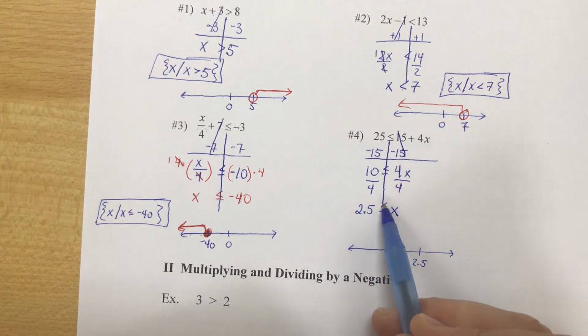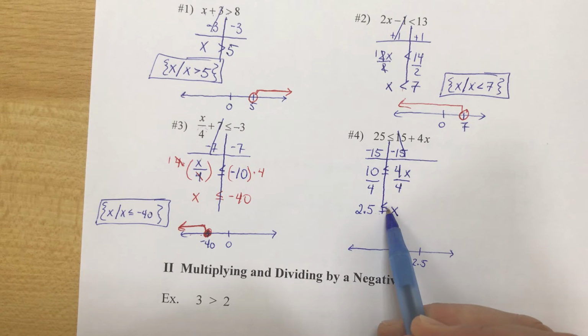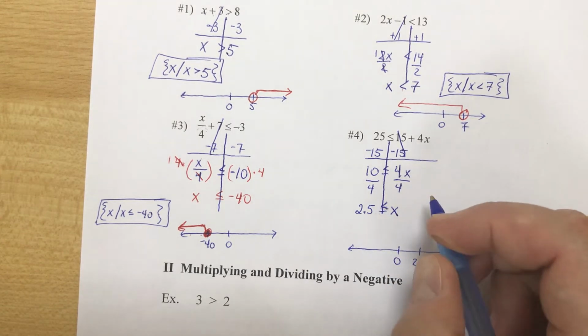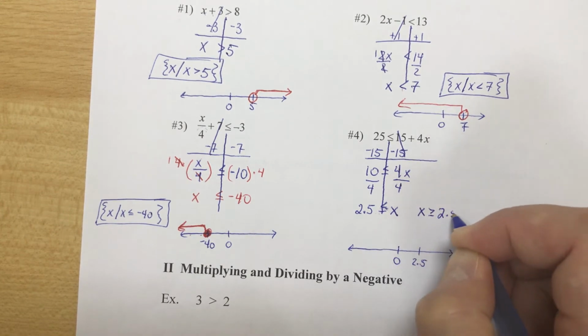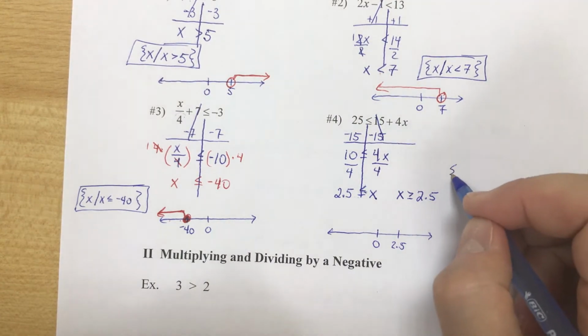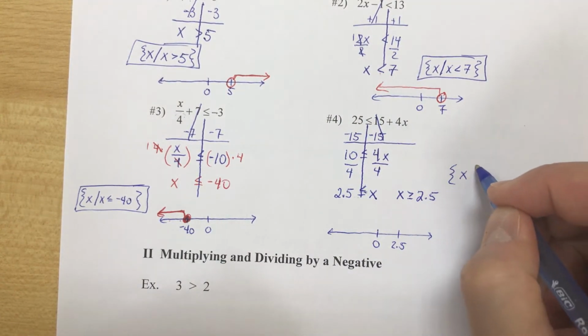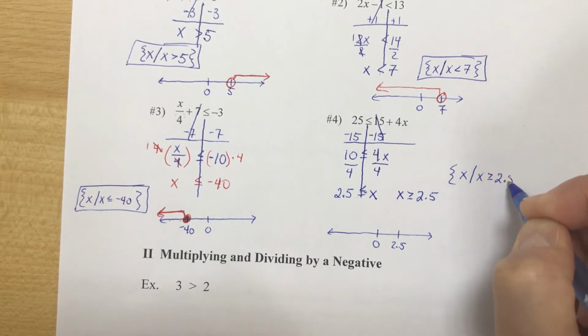If 2.5 is less than or equal to x, notice that the mouth, the alligator mouth, is open to the x. So I'm going to say x is greater than or equal to 2.5. All right, it's the same thing. So the solution set is the set of x's such that x is greater than or equal to 2.5.